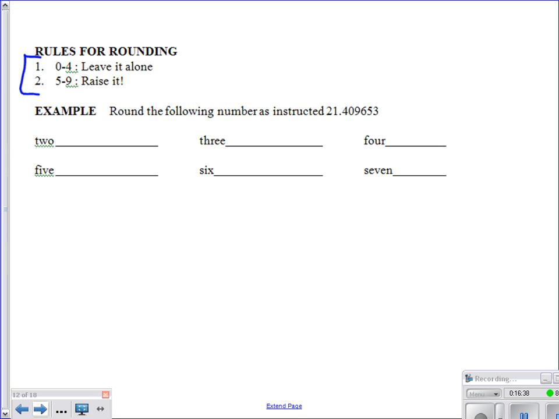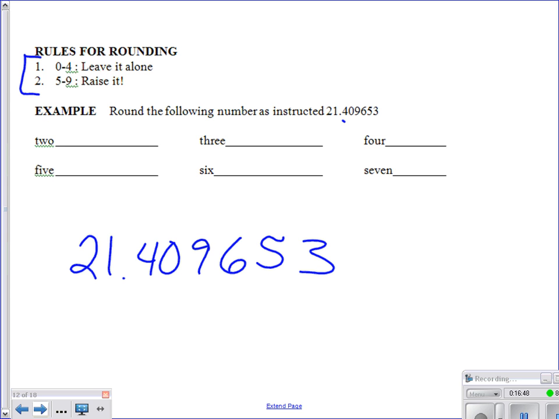So we're going to do that with this value right here that's given to us, and I'm going to write it really big. So there we go. Now if we want to take this value and round it to 2 significant figures, you're going to cover up everything except the first 3 significant figures. So I see a 21.4. That's what I'm not covering up.